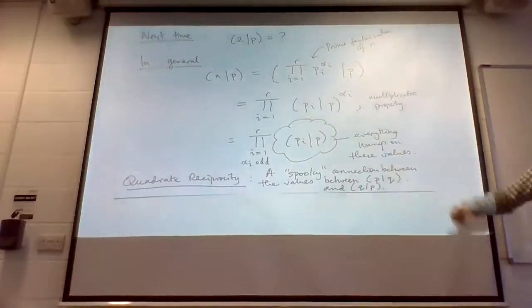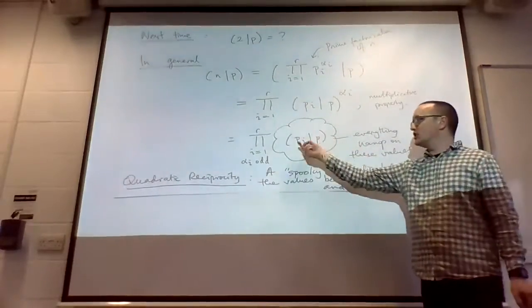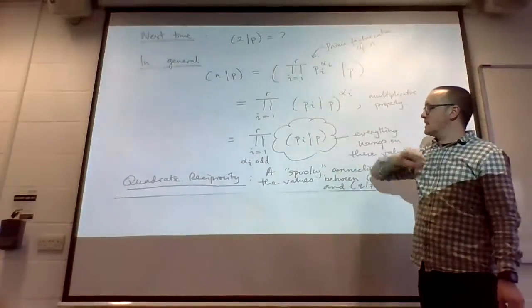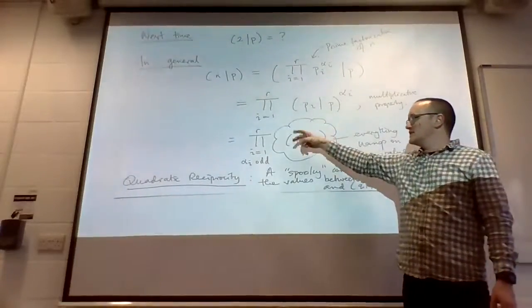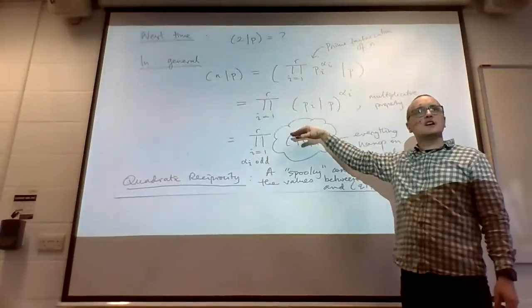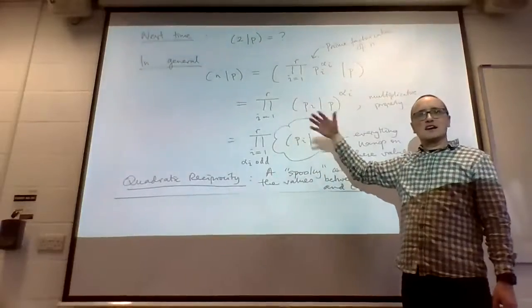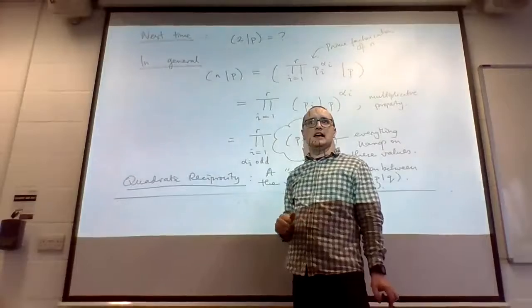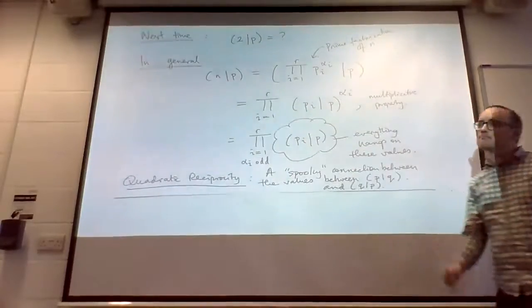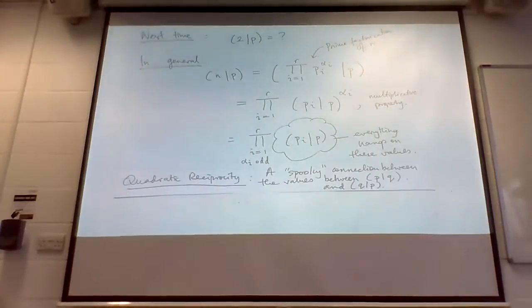That's something we're going to be working towards, and together with the principle of quadratic reciprocity, it will allow us to continue this sequence of equations and get a quick algorithm for working out the value of this Legendre symbol. That's what we'll be advancing towards over the next few lectures.